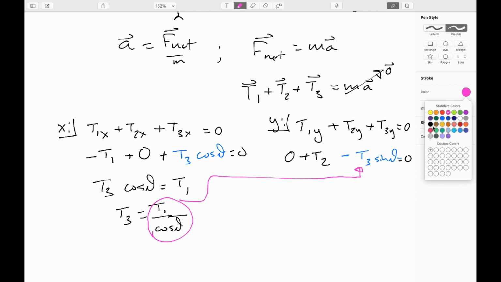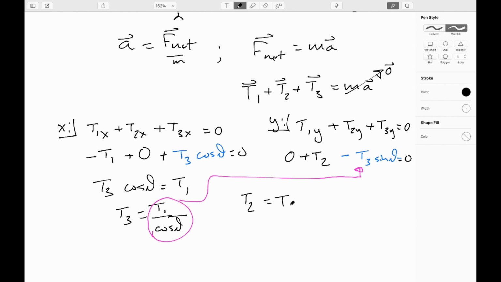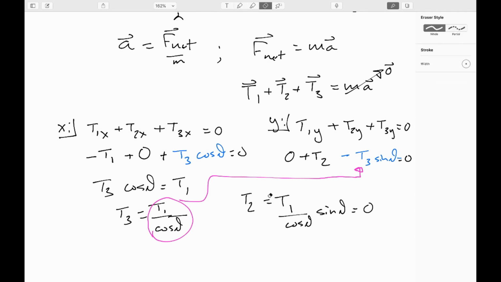So here I'll get T2, which I know, equals T1 over cosine theta times the sine of theta equals 0. Oh, sorry, my bad there. That should be a minus sign. All right.